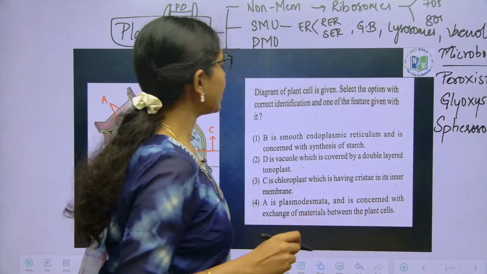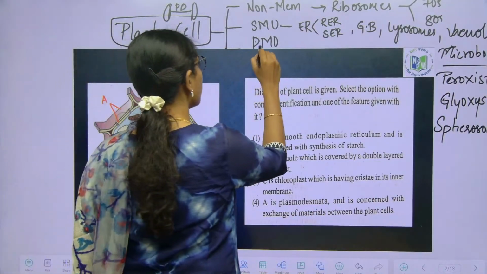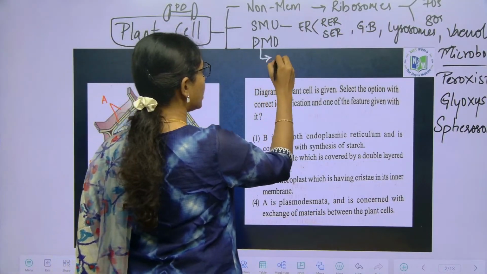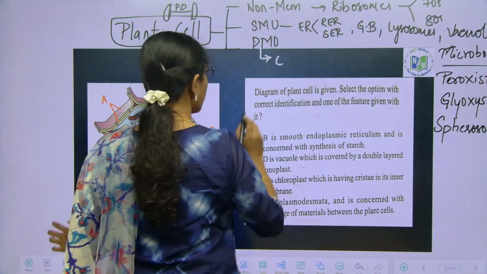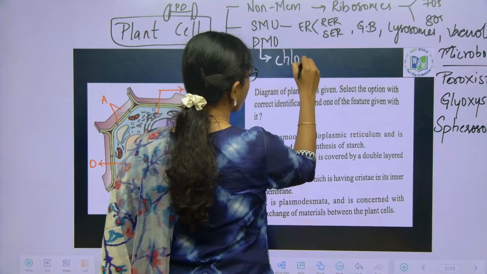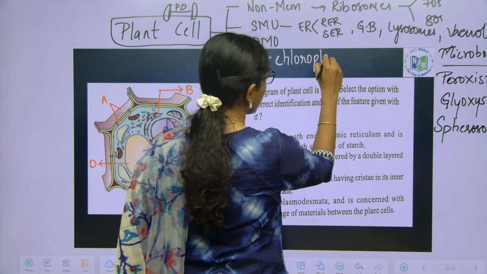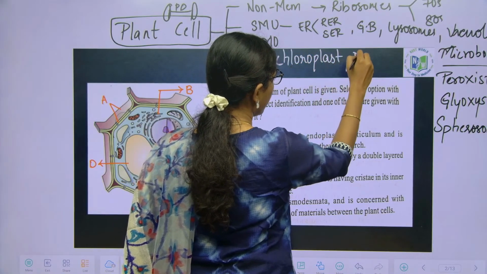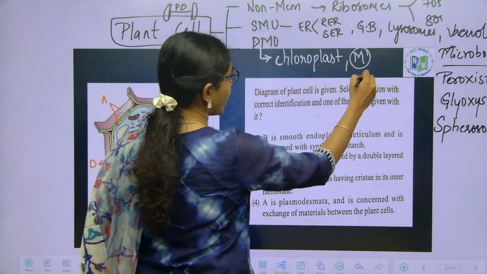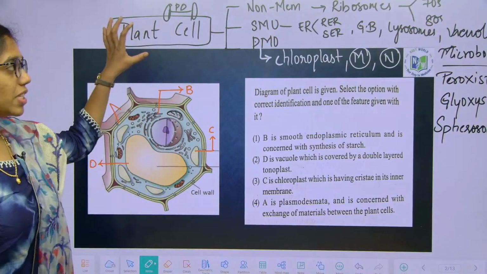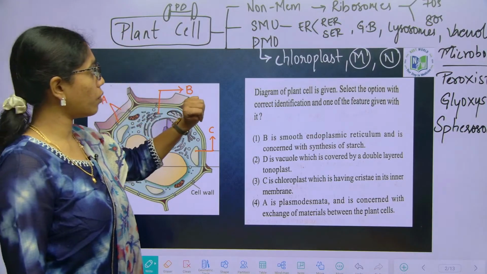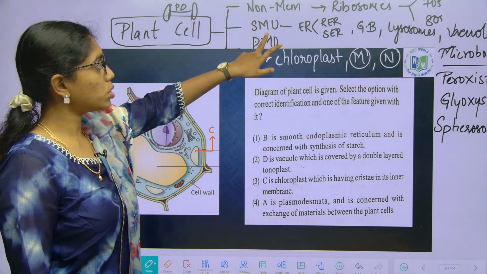Got it? And double membrane bound organelles include chloroplast, mitochondria, and nucleus. Got it?